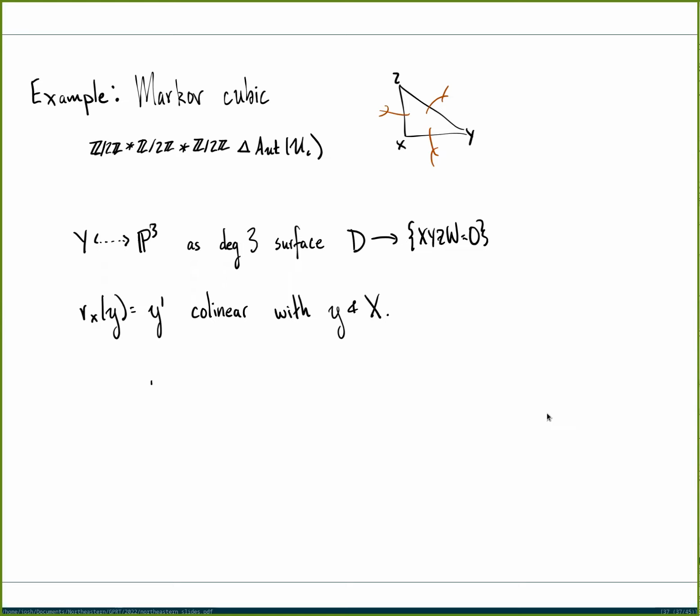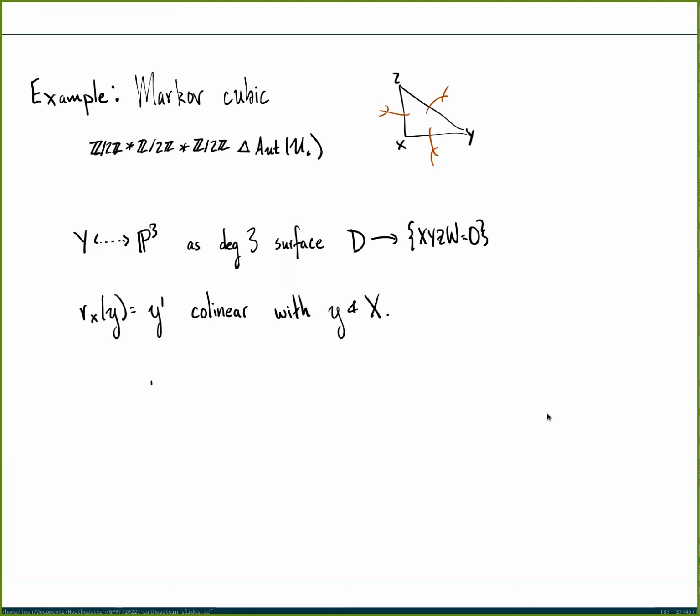So I define these reflections about each of the vertices of my toric boundary divisor. I send a point in the interior of my surface to the other point which is collinear. R sub X is a reflection about X, so I send Y to the point that's collinear with Y and X, and similarly I have R sub Y and R sub Z.